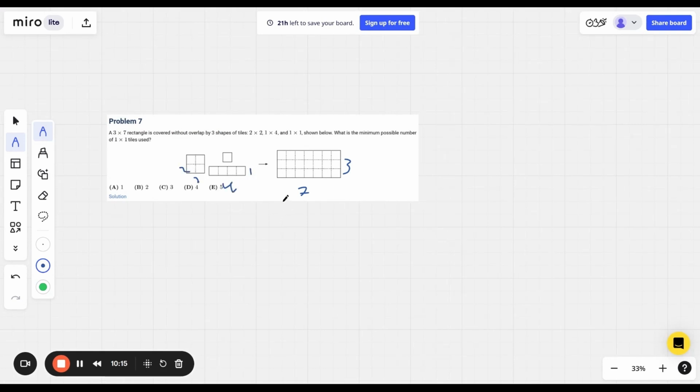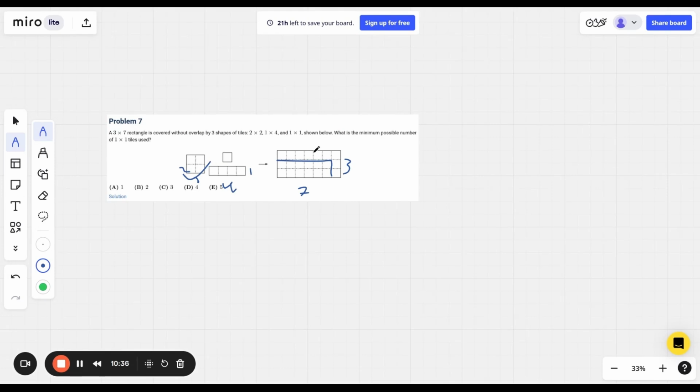So what we can do, just off a glance, right? We can cover a lot of the bottom by this huge portion over here with these 2 by 2 shapes.